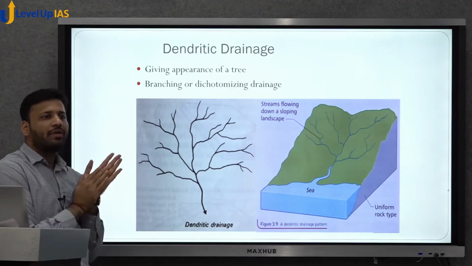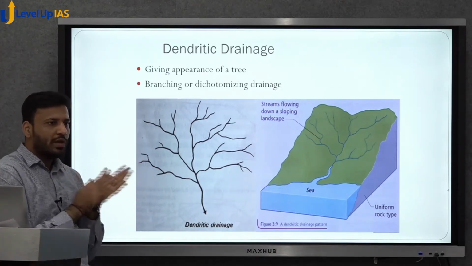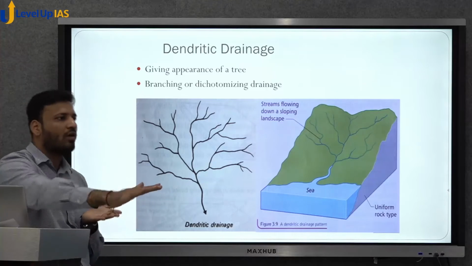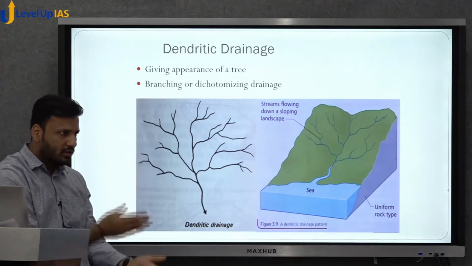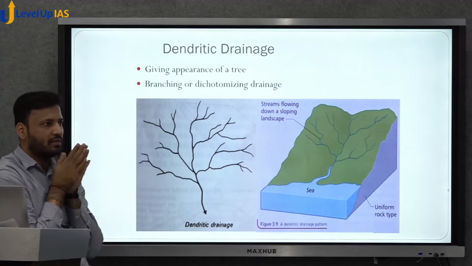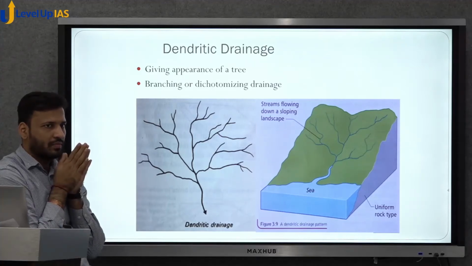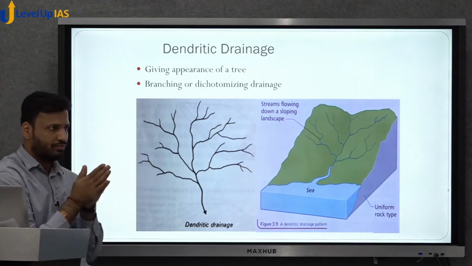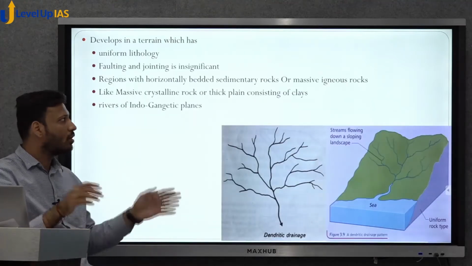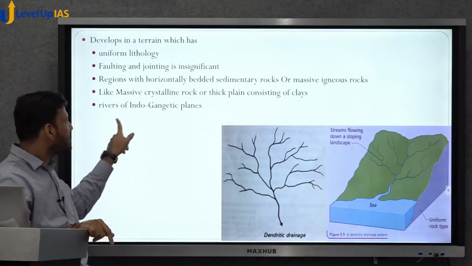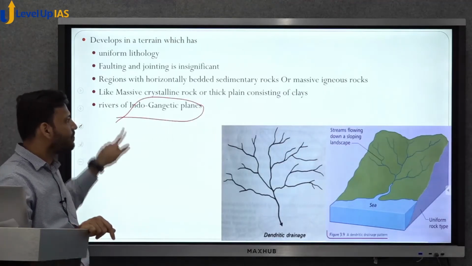So this type of drainage pattern forms when you have a uniform type of rock from the source to the mouth of the river. There is no fold or faults in between. Smooth, continuous rock. Getting it? It is called uniform lithology. So an example of this is the Ganga river.